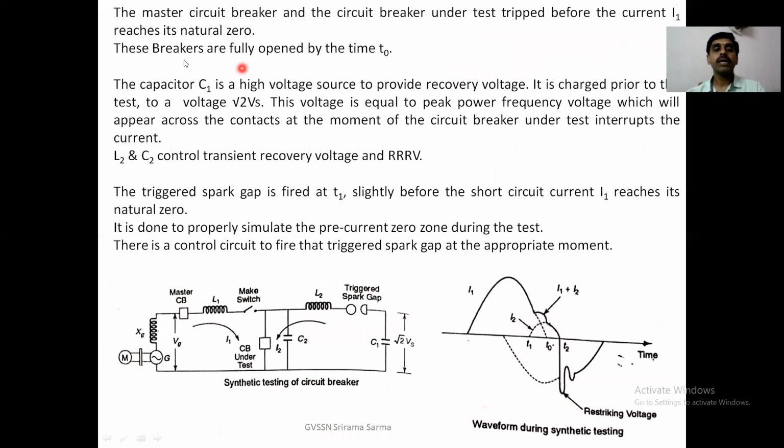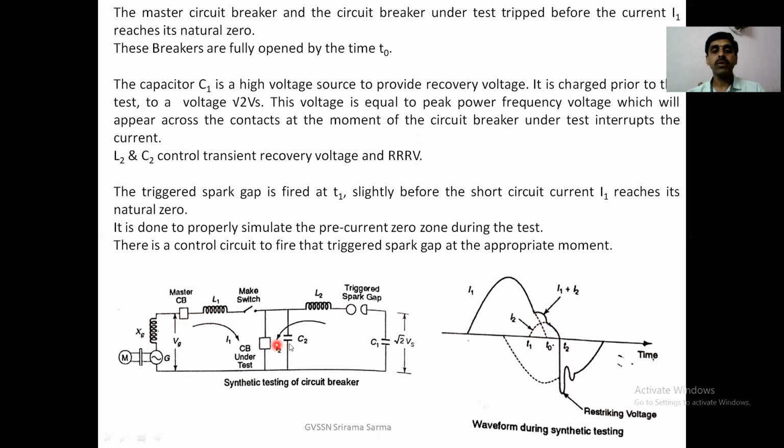Here the master circuit breaker and the circuit breaker under test are tripped before the current I1 reaches its natural zero. You can see the waveform here. I1 would naturally reach current zero here, but before it does, these two are tripped. Both breakers are fully opened at T0.